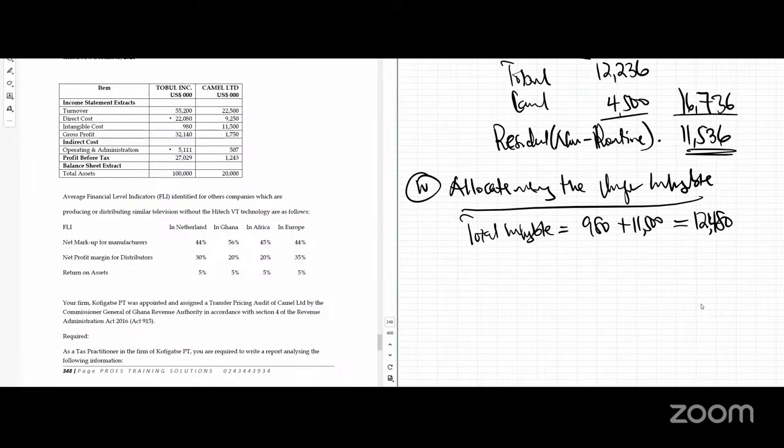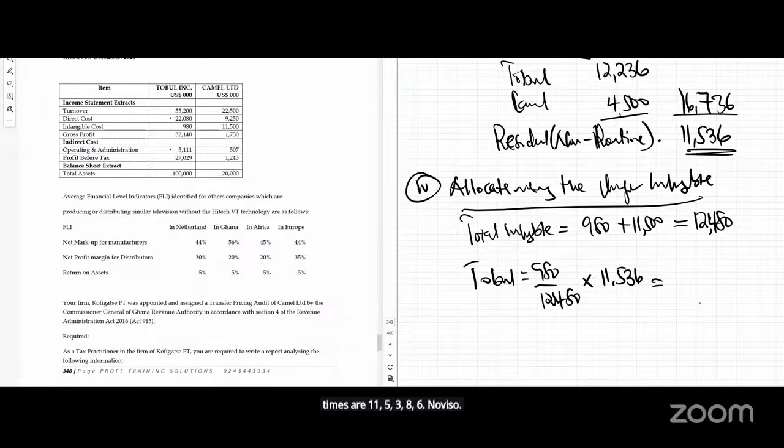So if you are sharing, what does it become? For Tobo, we'll get 980 out of the 12,480 times 11,536. That's 905.9.